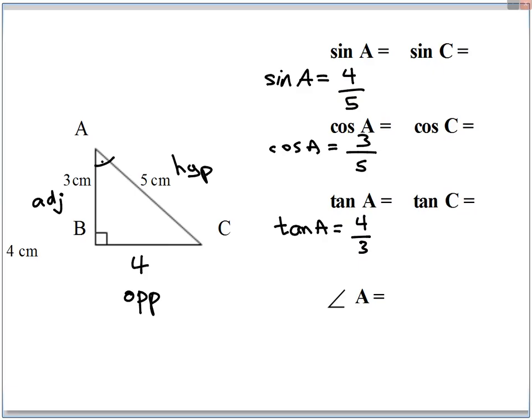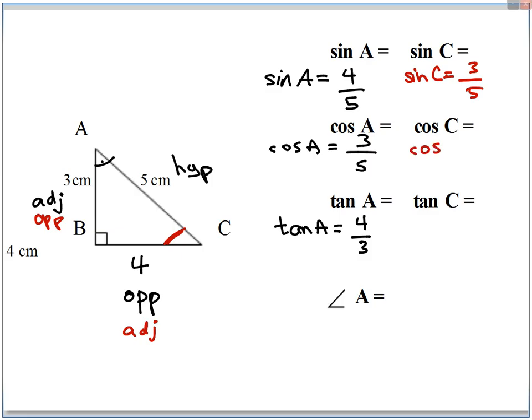Now switch color pens if you got it. Now we're working on C. According to angle C, 3 is op and 4 is adj. According to angle C, hyp stays the same. So sine C would be the same as cos A, 3/5.